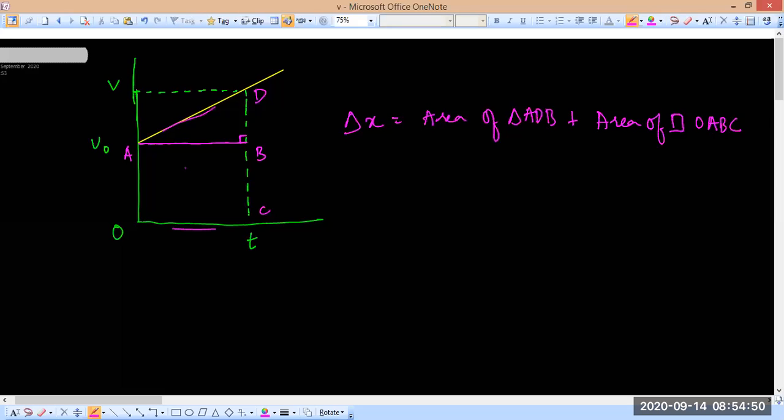Now let's start. Listen to this carefully. This is initial velocity v0, this is time t, and this is time 0. So how much is this width? Can you tell me how much is the width? Very good, Raj.